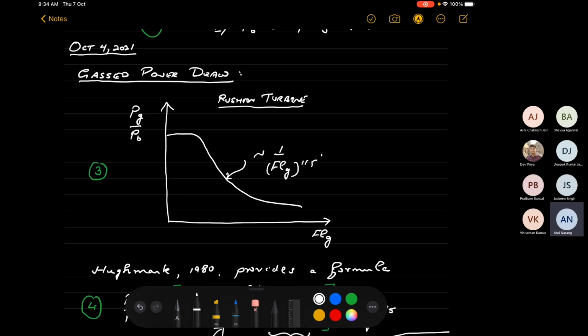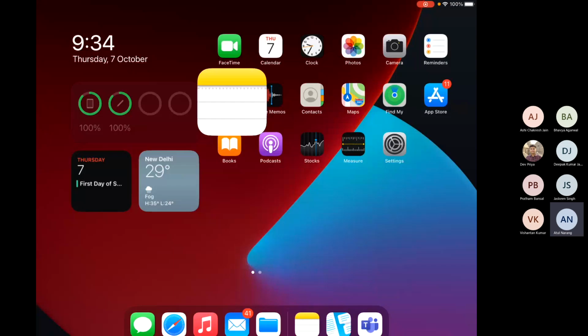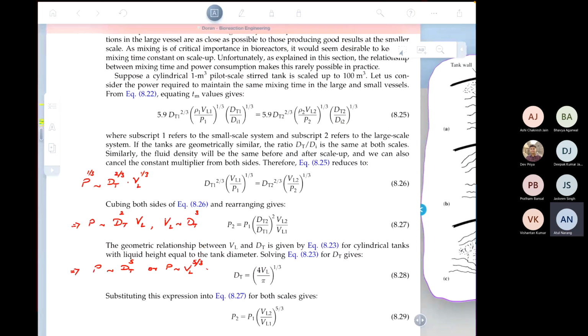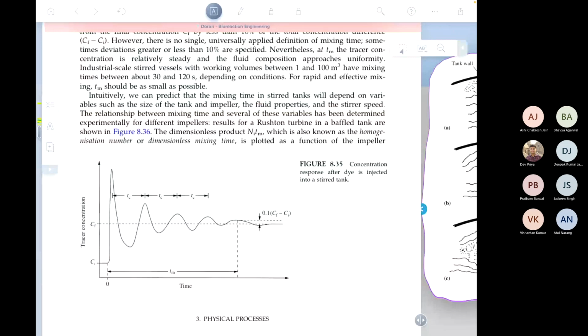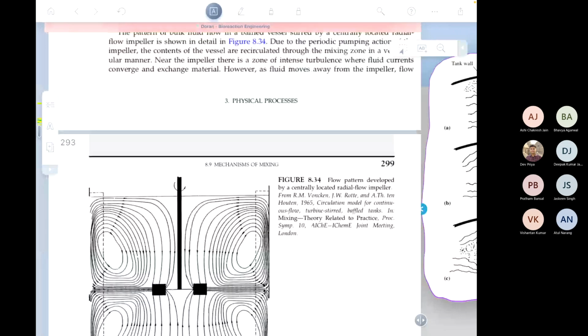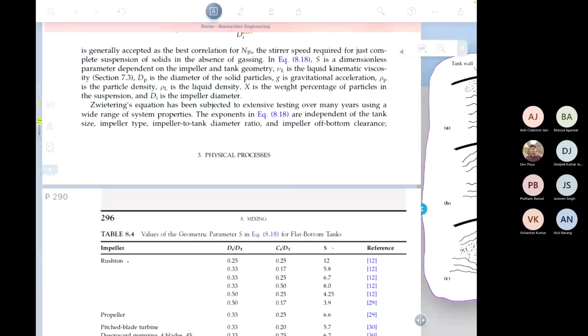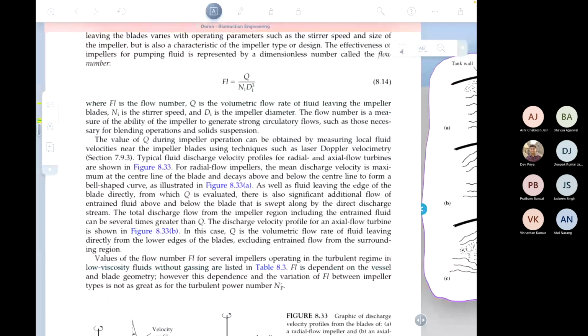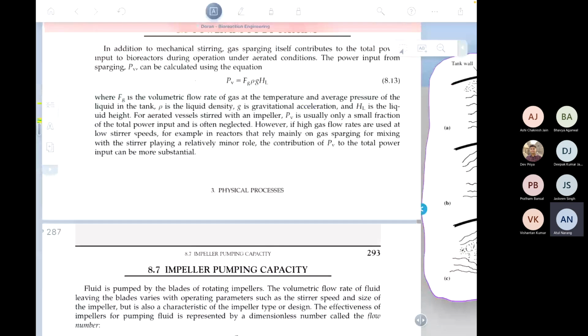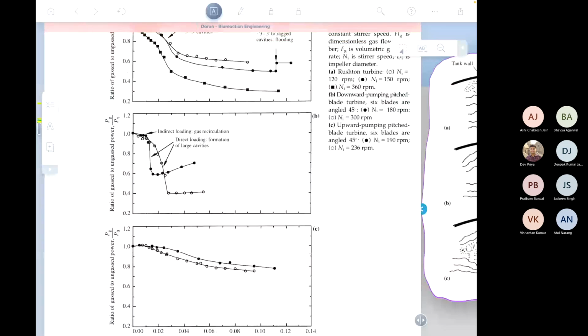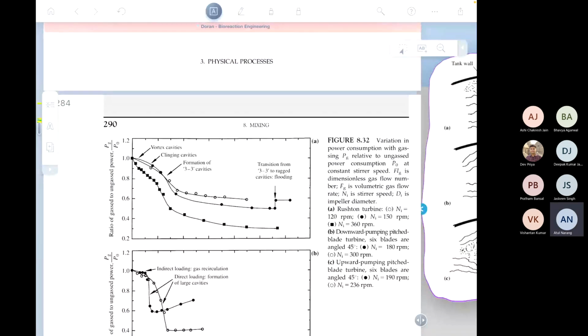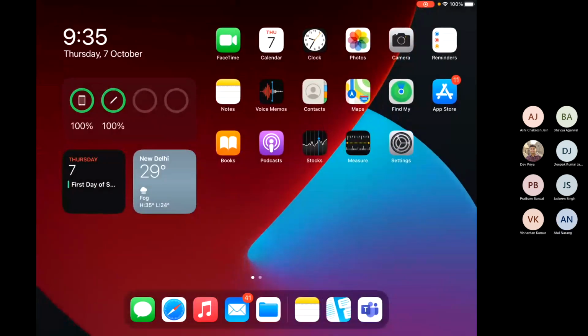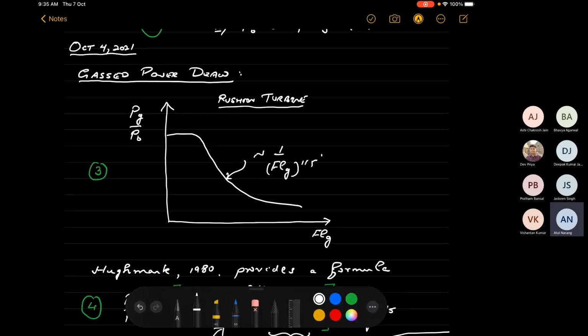This is the book. I think I should give the reference, so it's easy. Here it is, figure 8.32. Figure 8.32 of the book essentially provides the decline.